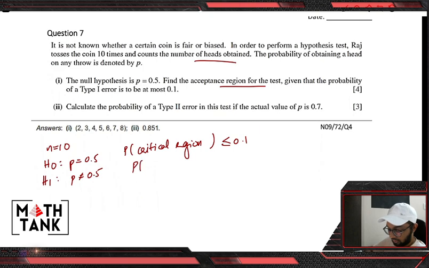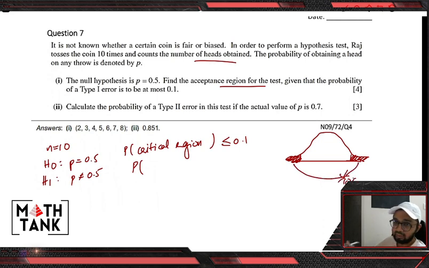Now for the critical region, again, what I have to do is trial and error. With a two-tailed test, what you have to be aware of is that the critical region lies on both sides. Although it's not a normal distribution, I want to draw this to explain it: I'm trying to find these two sides, and together they have to be 10%.